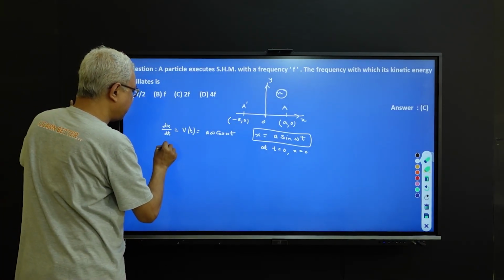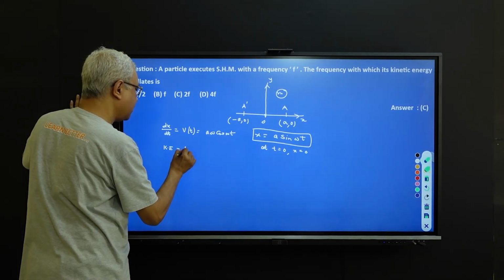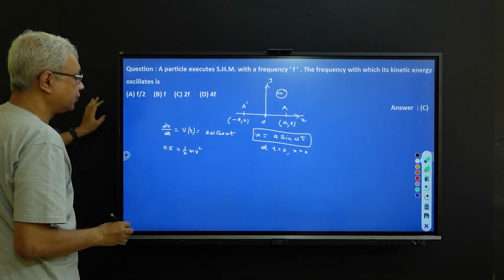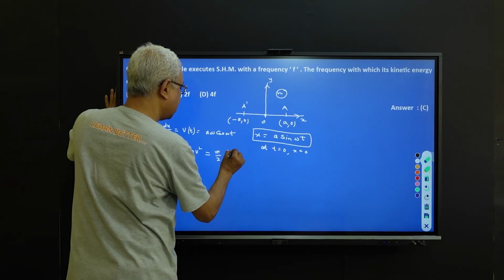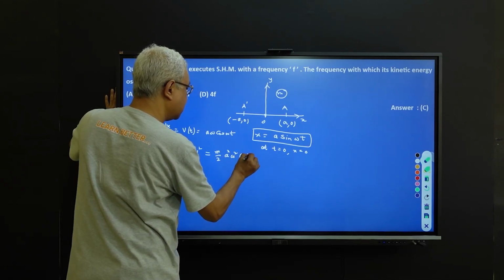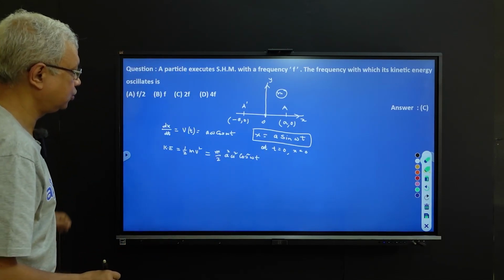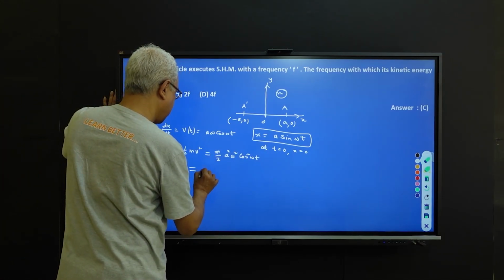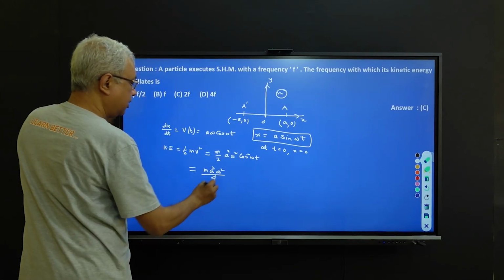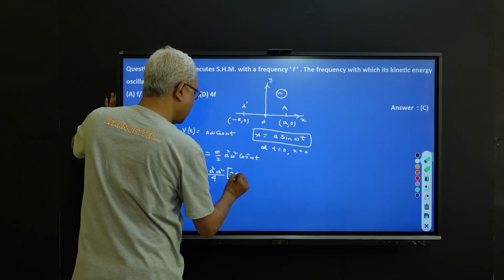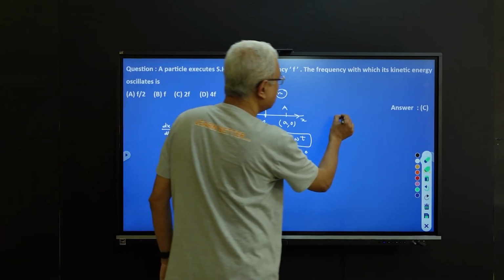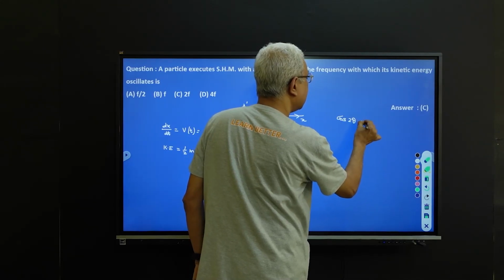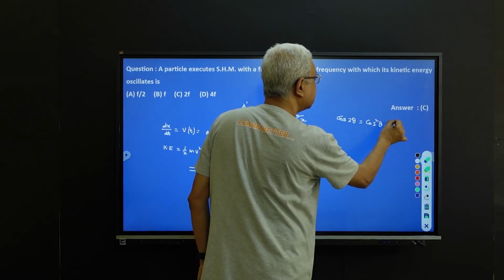So kinetic energy of the particle is half m v square, which is m by 2 a square omega square cos square omega t. So it is how much? m a square omega square by 4, if I write, then it is 2 cos square omega t. Now you know cos 2 theta is cos square theta minus sin square theta.